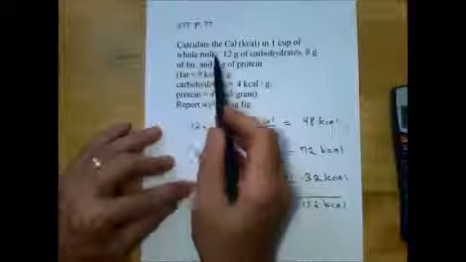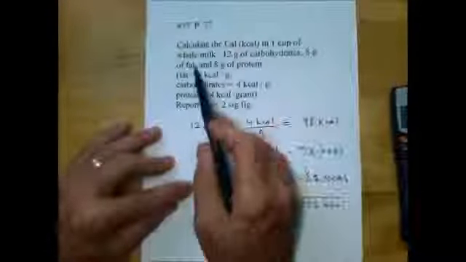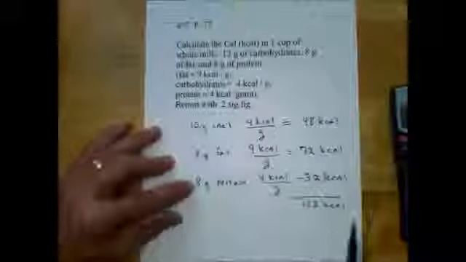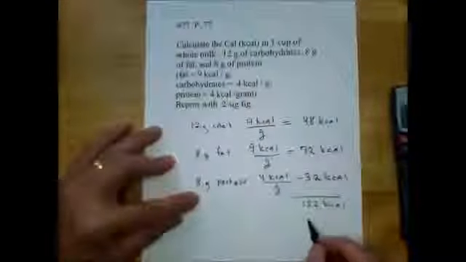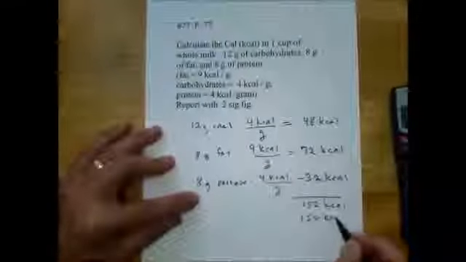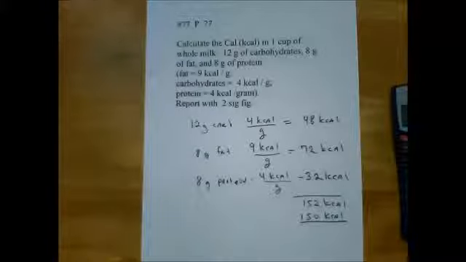That's the total food value of 1 cup of whole milk if it has 12 grams of carbs, 8 grams of fat, and 8 grams of protein. And then down here it says report with 2 significant figures, so we'll go ahead and make that 150 kcals, which is our answer in 2 significant figures.